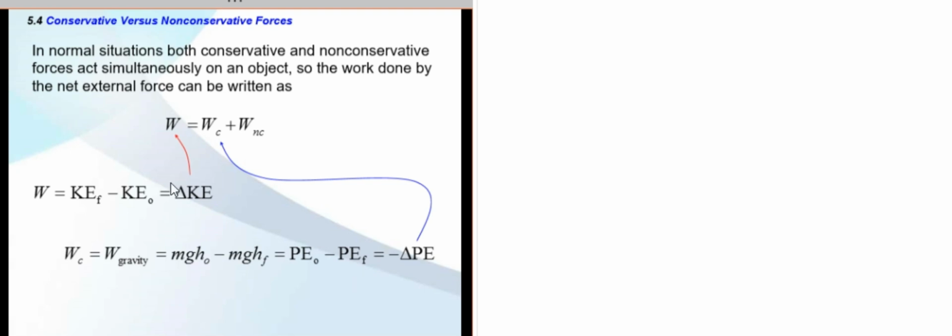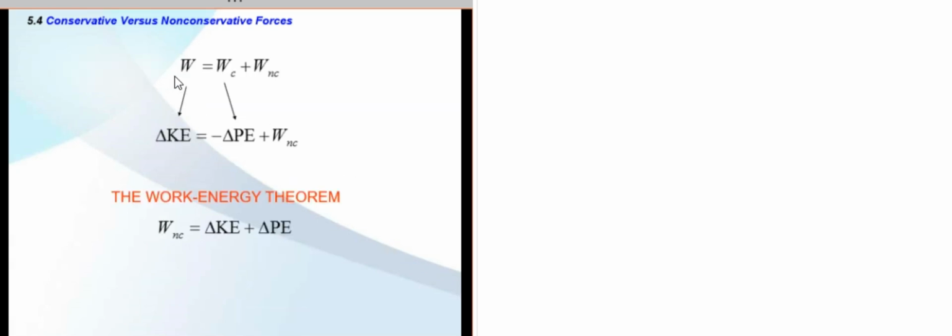Therefore, if the total work is the change in kinetic energy, this conservative work is just the negative change in potential energy, negative delta PE. This is the conservative work. Now, so work is the change in kinetic energy.